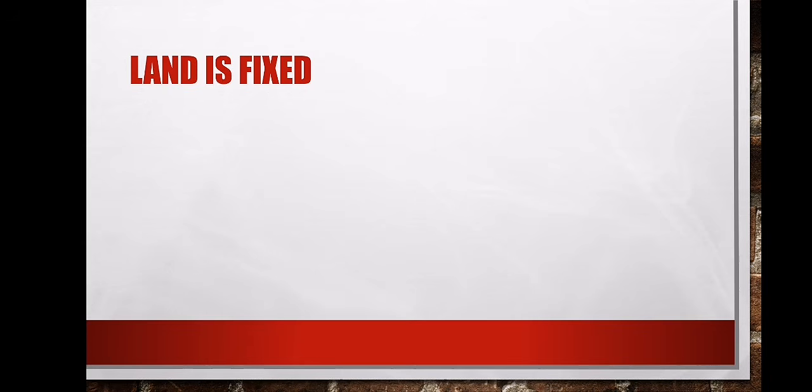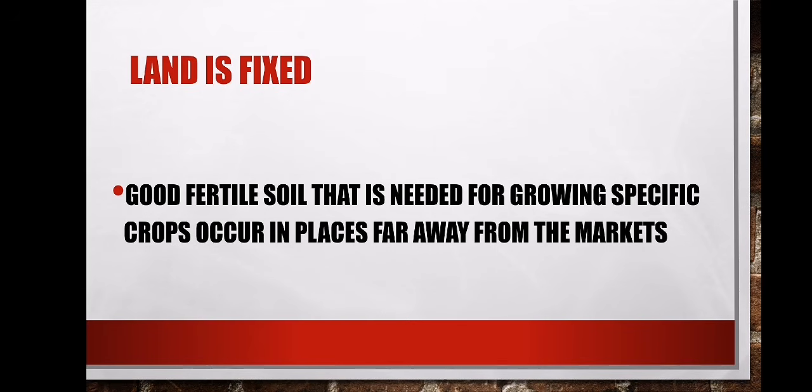They used to say the land that is used or that is good for farming specific crops is far away from the markets. That's how they put it. They say good fertile soil that is needed for growing specific crops, it occurs or it is found in places that are far away from the market. Hence we say land is fixed or land is immovable.